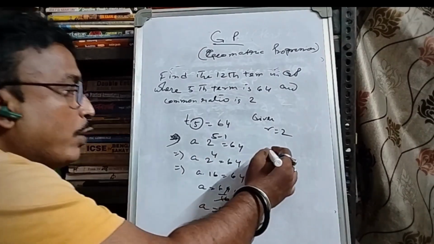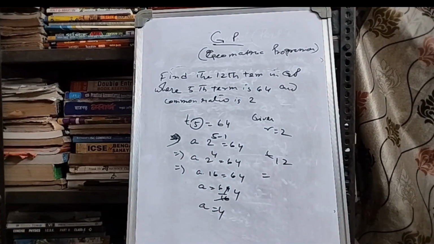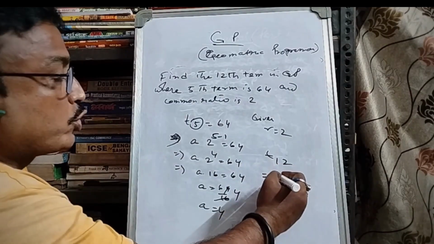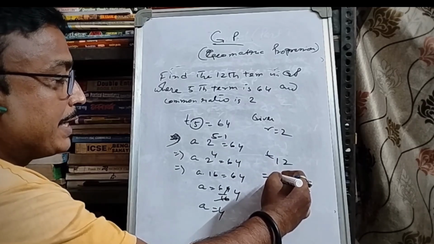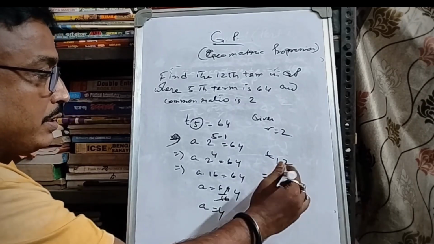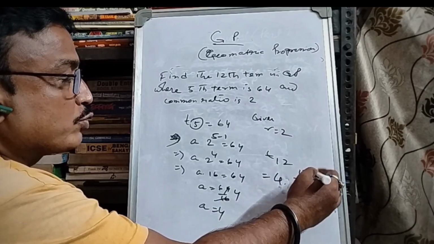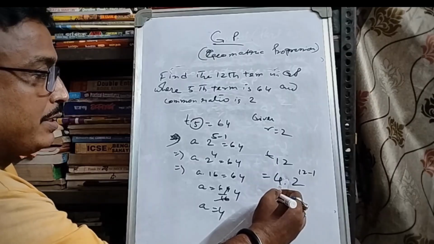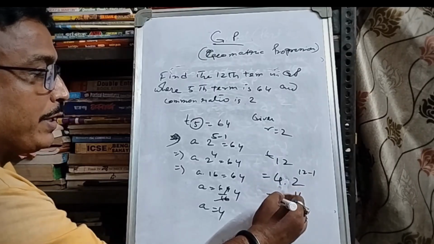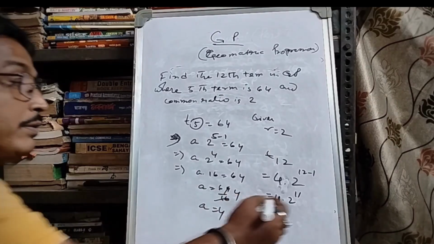Now we have to find out the value of the 12th term. 12th term means A R to the power n minus 1, that is 4 times 2 to the power 11.